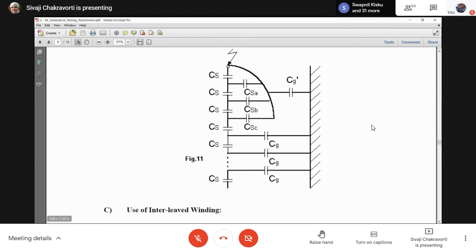Now I just want to show you this shield, a little bit of photograph. Let me see whether I have it or not. I guess I must be having. I am not finding it anyway.